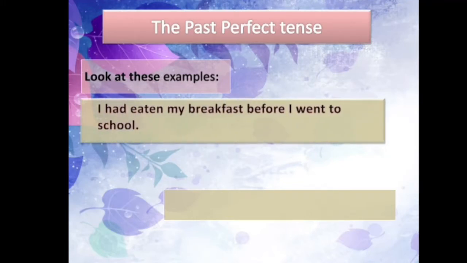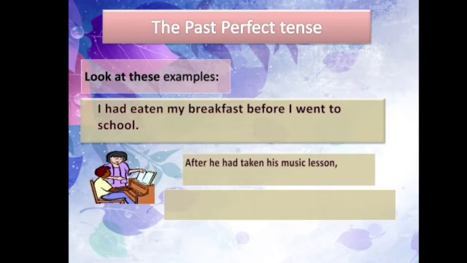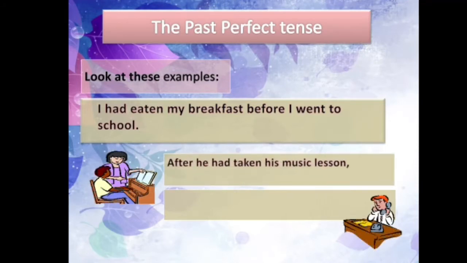I had eaten my breakfast before I went to school. The second example is, after he had taken his music lesson, he made a telephone call. Can you see here? We have two actions. Action number 1 is I had eaten my breakfast.